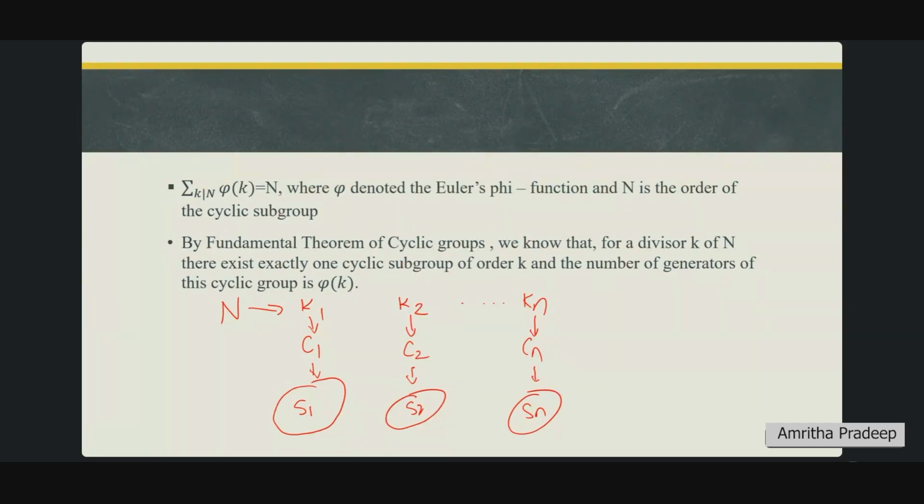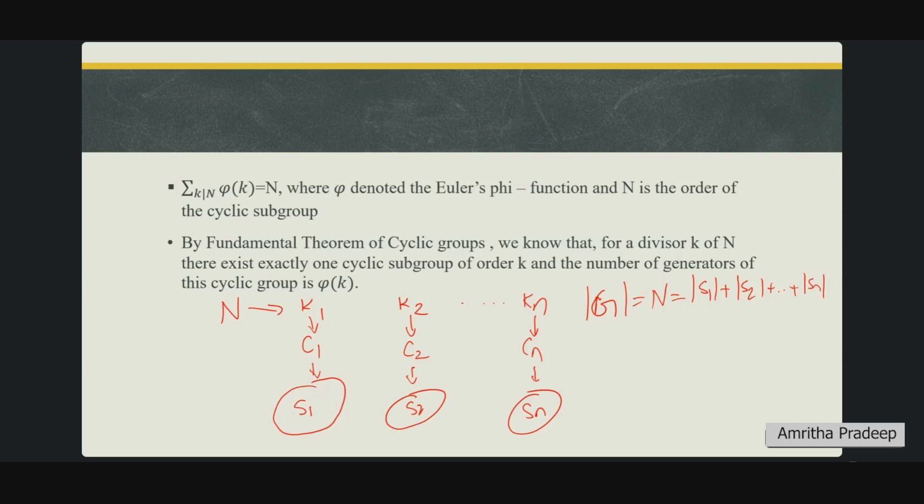Right. So what we have done through this is create a partition of the group by S1, S2, up to Sn. By the partition, the order of the group G, which is n as we've assumed here, is equal to the cardinality of S1 plus that of S2, and so on up to Sn.